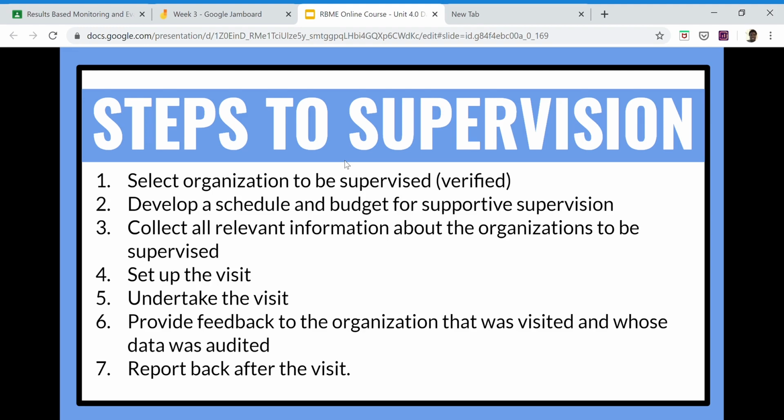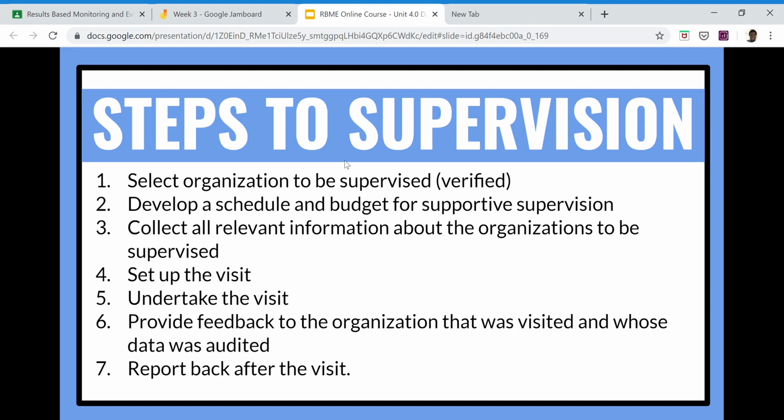And just to reiterate again, it's not policing, but it's about influencing change within that organization so that they can have a proper data management process and make sure that the data they are collecting follows the 6 dimensions of data.